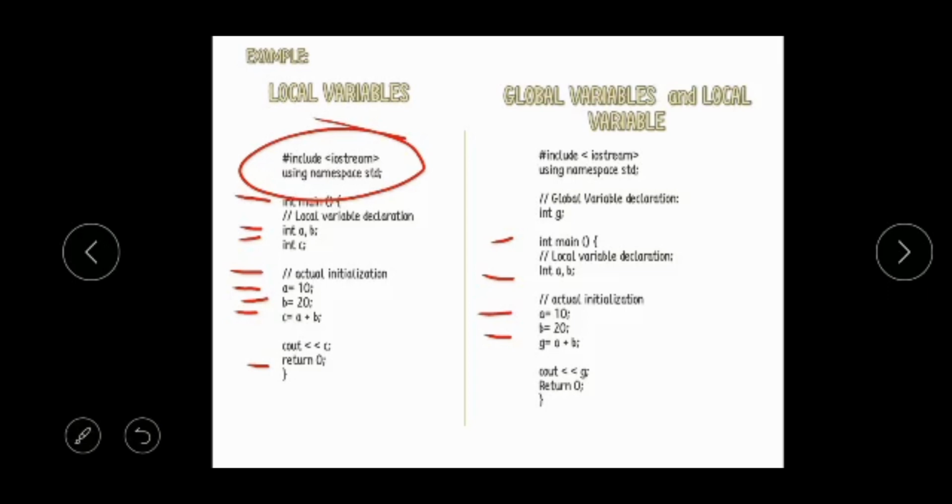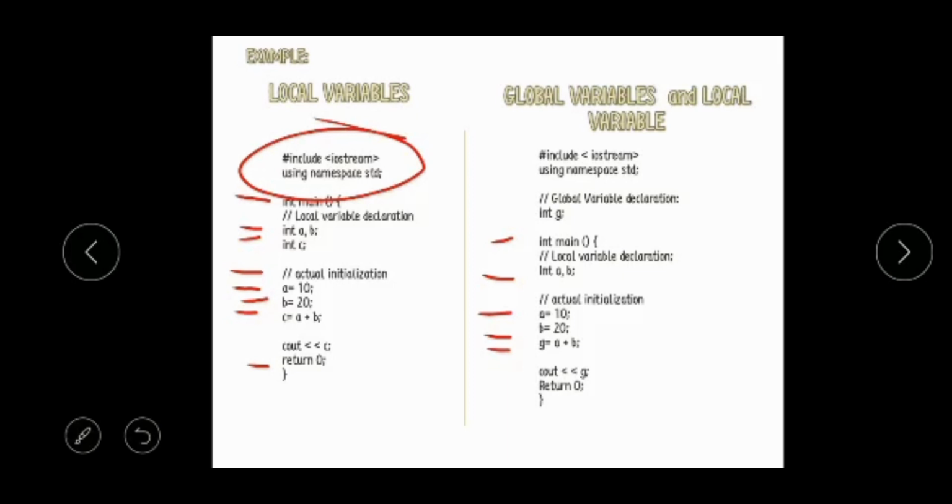So next is g equals a plus b. This line calculates the sum of a and b and stores the result in the global variable g. Global variables are accessible throughout the entire program, so you can use g here even though it was declared outside of main.